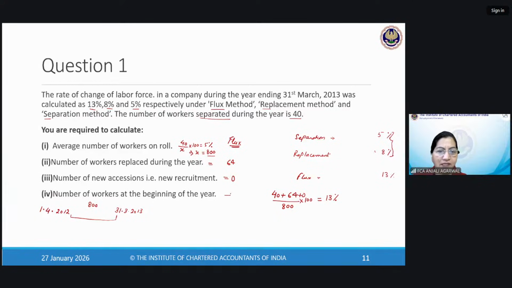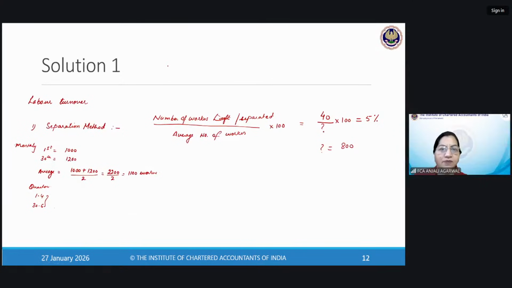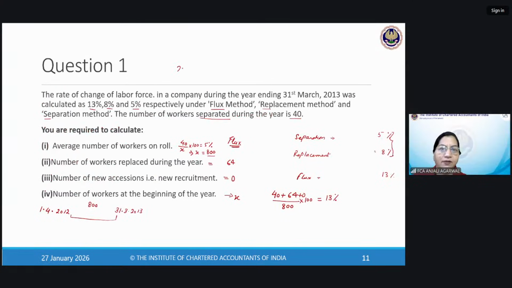And finally, you are being asked how many number of workers were there at the beginning of the year. So let us say X number of workers were there in the beginning of year. So out of these X number of workers, 40 have left, plus 64 have been replaced. So this becomes your closing number of workers, right?